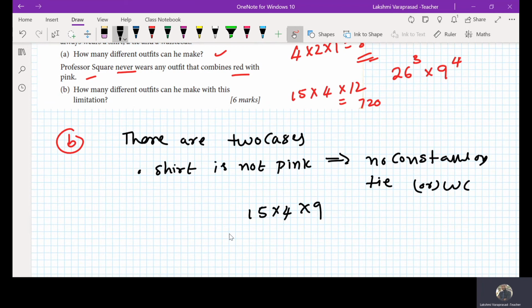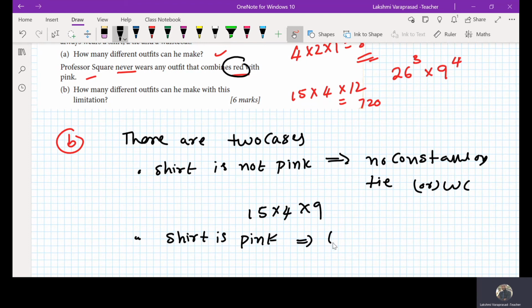And the second case: the shirt is pink. So here, if the shirt is pink, what are the combinations? If the shirt is pink, you should not wear a red outfit.